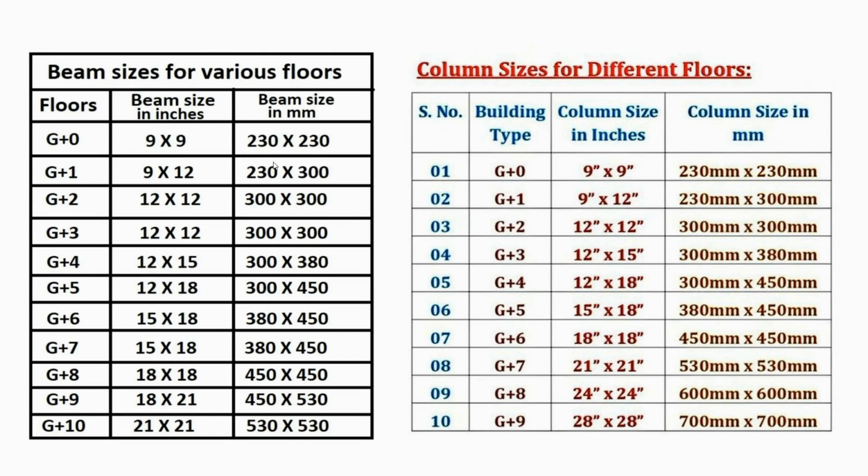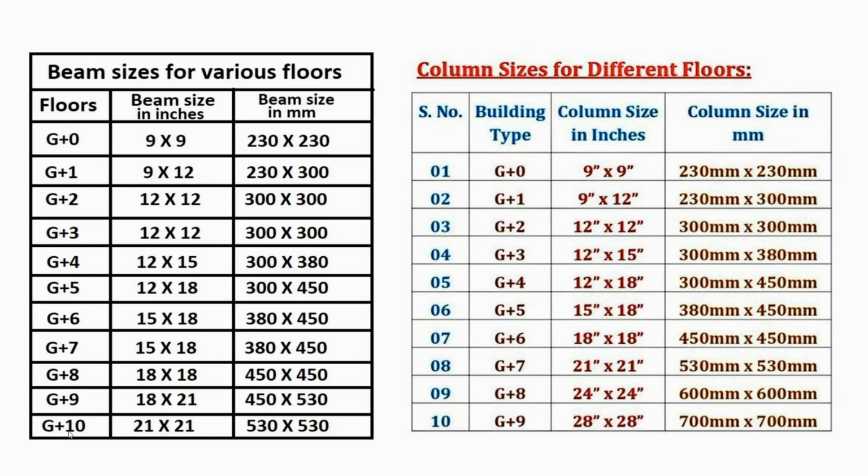These are the sizes. For G plus 1, it should be 230 times 300 millimeters. These are the minimum standards. For G plus 6, we have 380 millimeters times 450 millimeters in depth. So a good engineer must have these at his fingertips when designing.